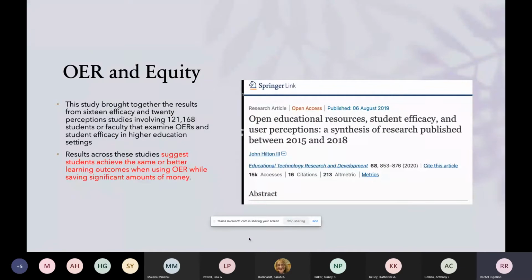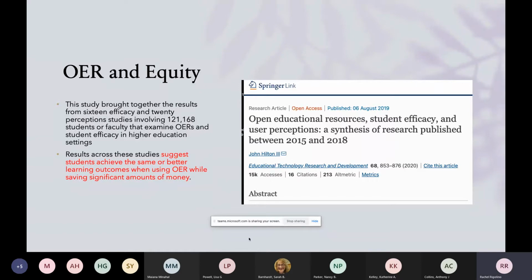But this recent study is interesting because John Hilton did a survey of other studies, a lit review, and found that students actually achieve the same or better learning outcomes while using OER and saving money.